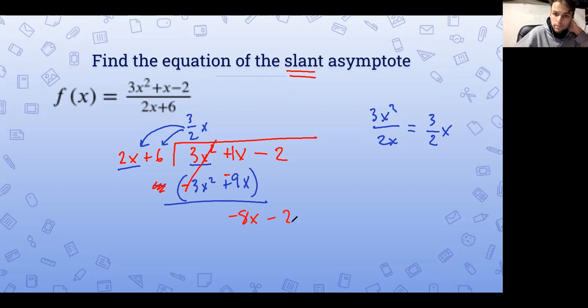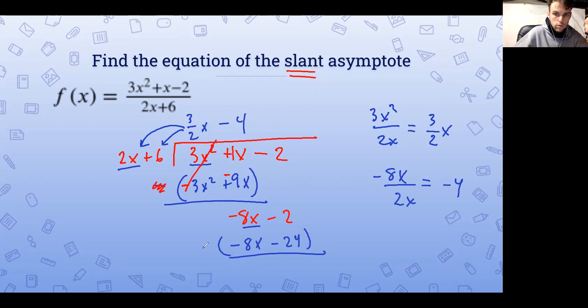Bring down this 2. Okay, one more ratio. We got negative 8x over 2x. That's going to just be minus 4. Distribute that. We get negative 8x minus 24.